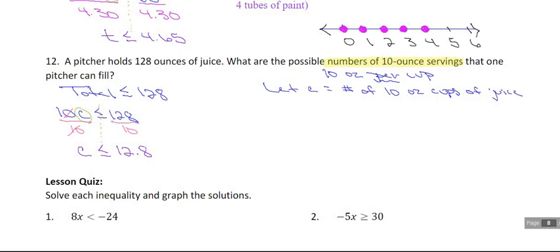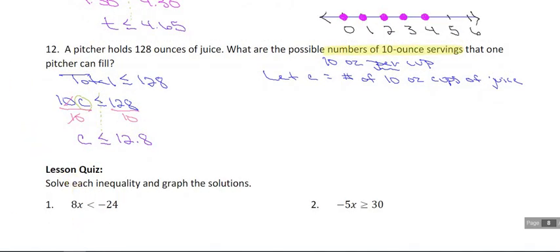So we can have up to and including 12.8 cups of these 10-ounce servings, but we don't want an 80% full glass of juice. We only want the full 10-ounce servings. So once again, this is going to be a situation where because it's a less than or equal to, we're going to automatically round it down to 12.